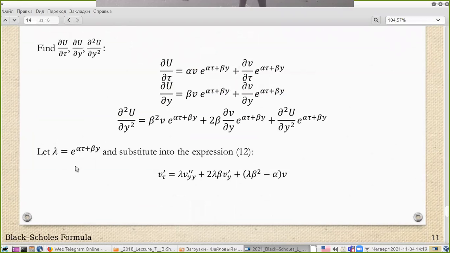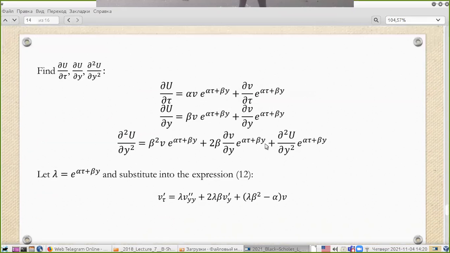After that, we denote lambda in this form. So this and this we denote as lambda, and substitute all this in expression 12.